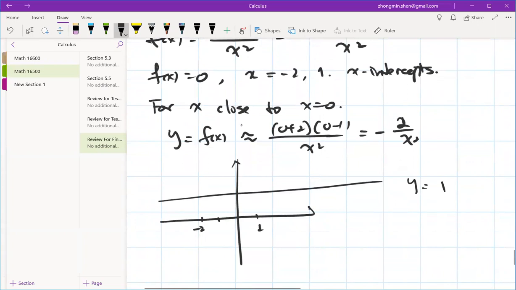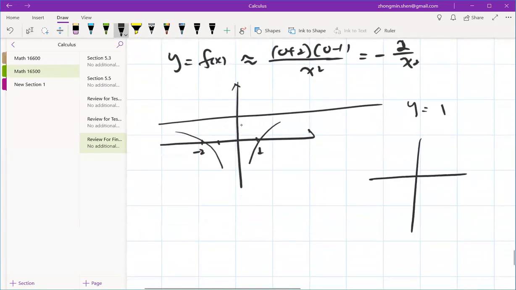Negative 2 over x squared is a graph like this. So think about that. This is a picture of y equals negative 2 over x squared. So your graph should be similar to that.